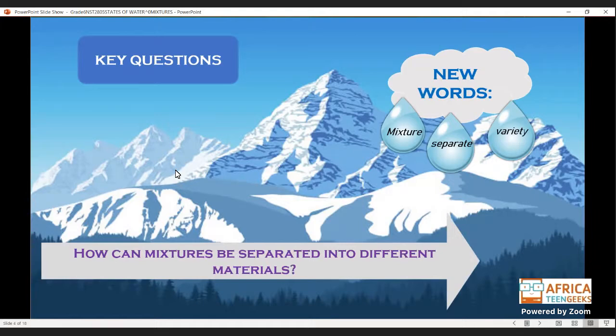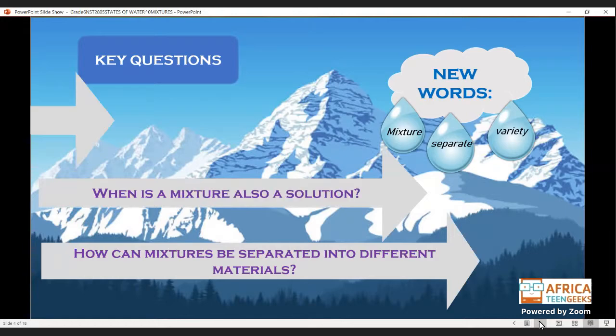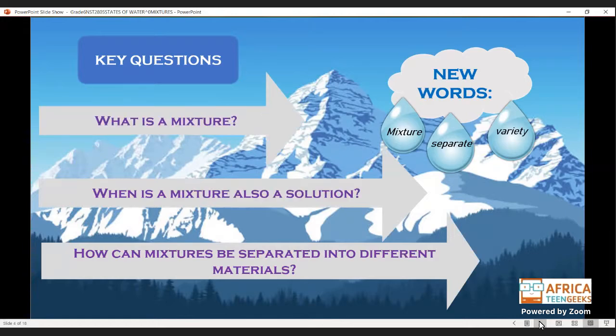So what do we know about mixtures? How can mixtures be separated into different materials? When is a mixture also a solution? What is a mixture? So let's start with the first question. What is a mixture? Then we're going to focus on when is a mixture a solution, and then we're going to focus on how can mixtures be separated.